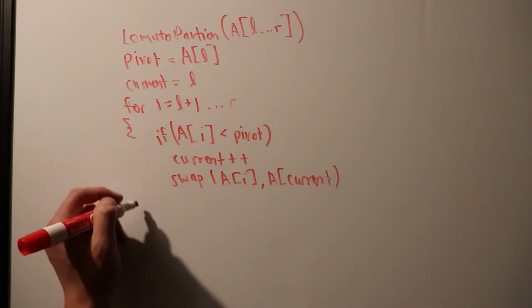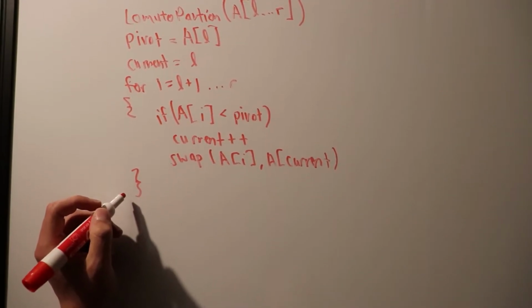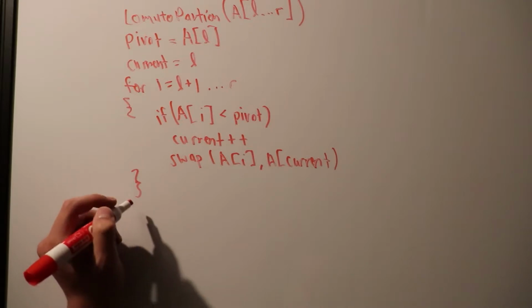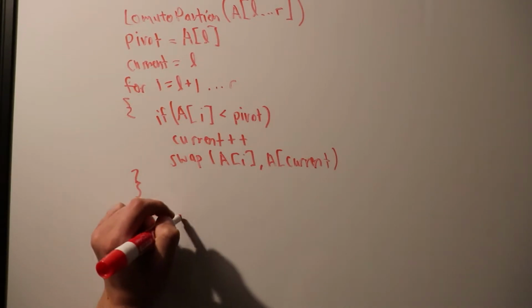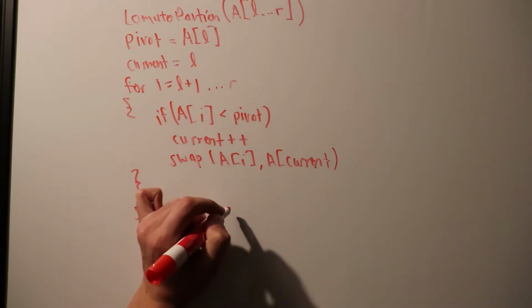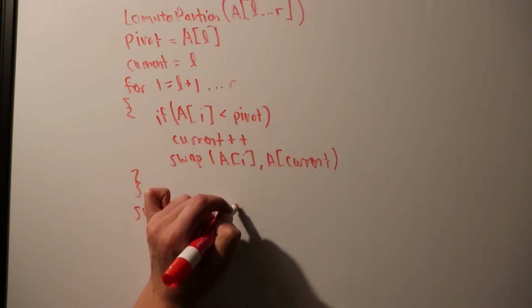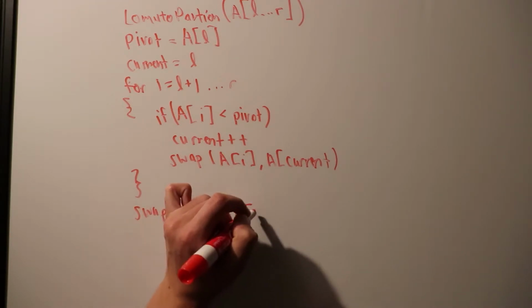We're going to do that for all the elements in the array. And then what are we going to do? We're going to do one final swap. We swap whatever is in the array at the L position with whatever's in the array at the current position.